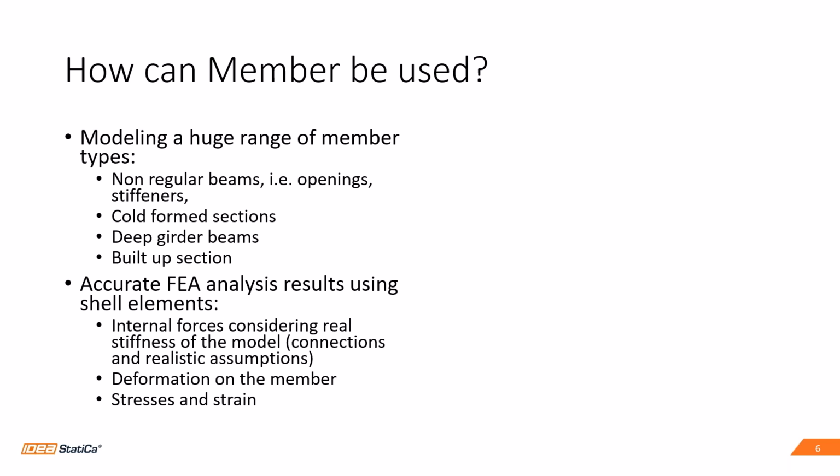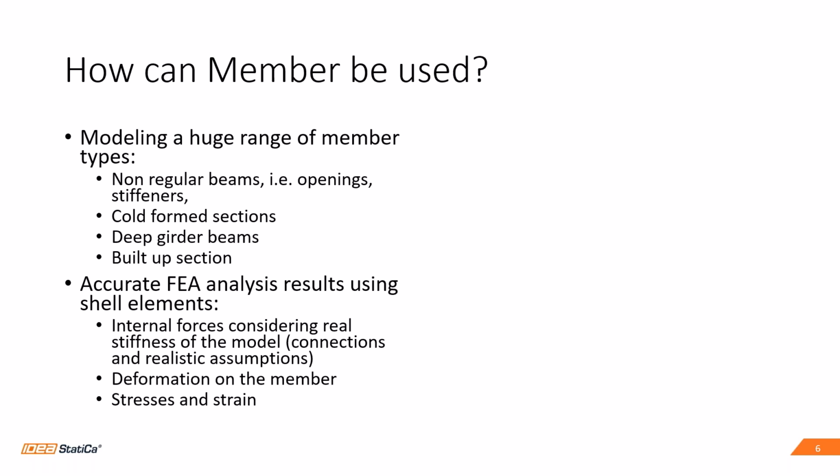Then you get accurate FEA analysis results using shell elements. So, well, all of those three points that I have here, you can also get from other applications, right? But in this case, we are delivering the real internal forces considering the real stiffness on the model.